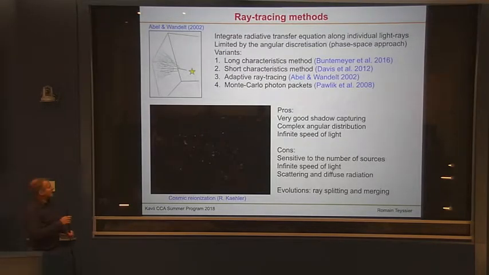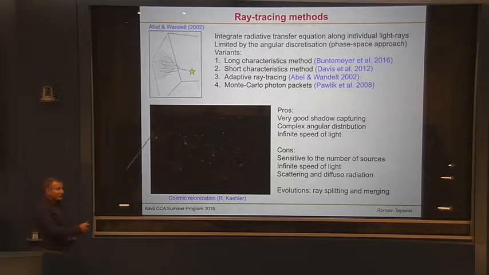Okay, the first one is the ray tracing method. So the ray tracing method, it's a very old method, right? So I've put here one example from Tom Abel, which was developed in the context of cosmic ionization, so galaxy formations. That's why I want to put it here. So basically the idea is that if you have a source of radiation, like a star or a galaxy, you describe radiative transfer along light rays, which are straight lines.